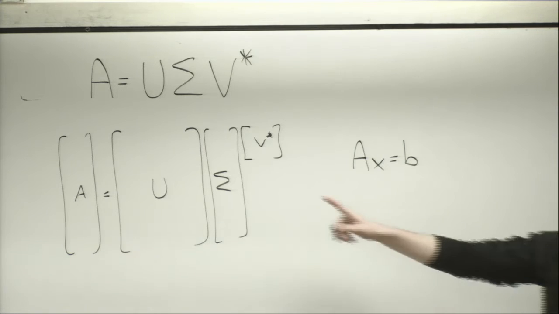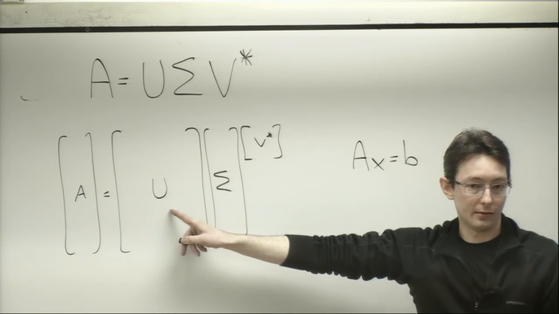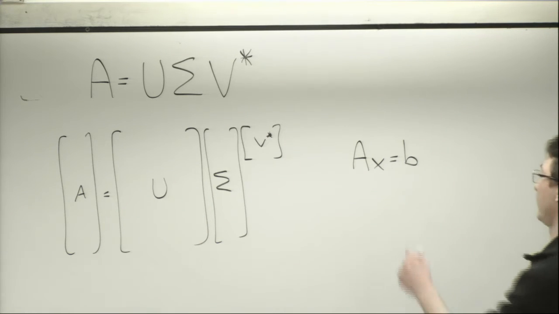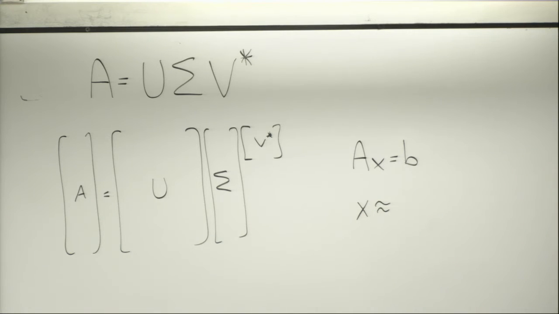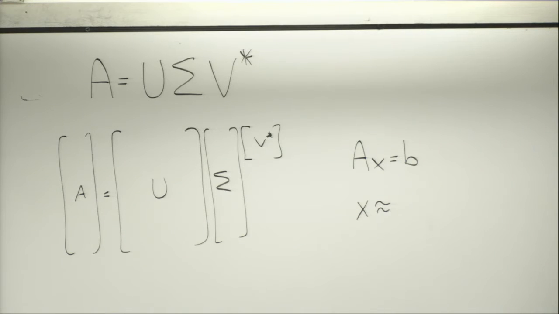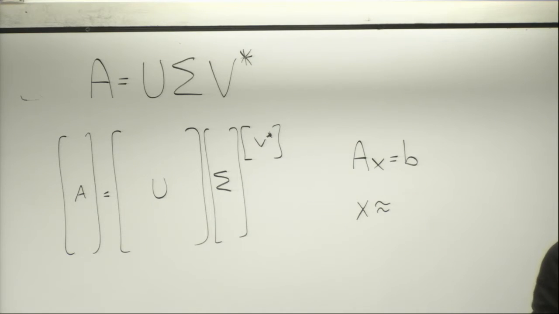So what I can start doing is I can start inverting each of these pieces, and I can essentially say that X is approximately equal. So the first thing I'm going to do is invert U. And what's the inverse of U? U transpose.